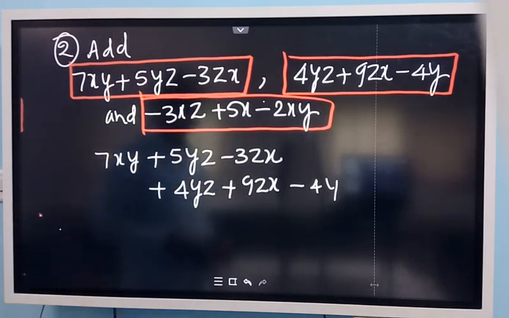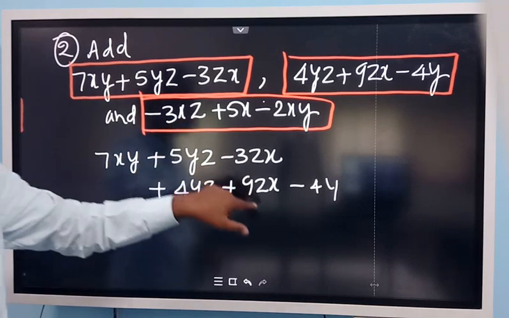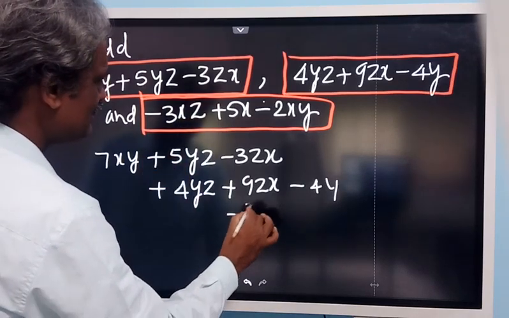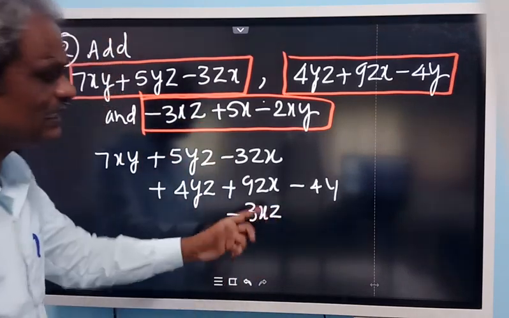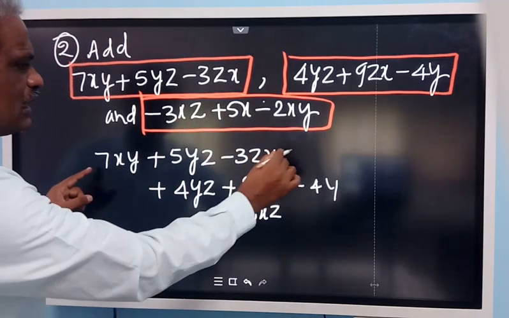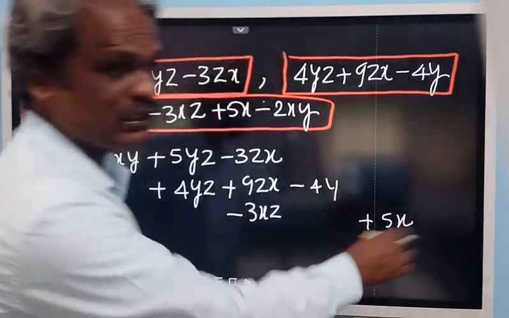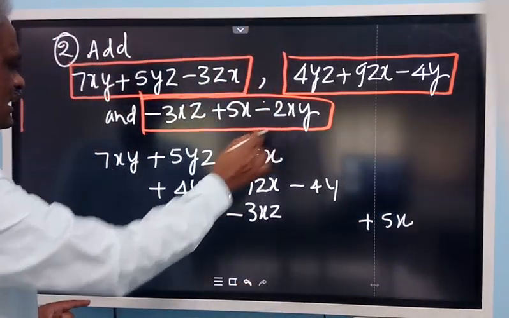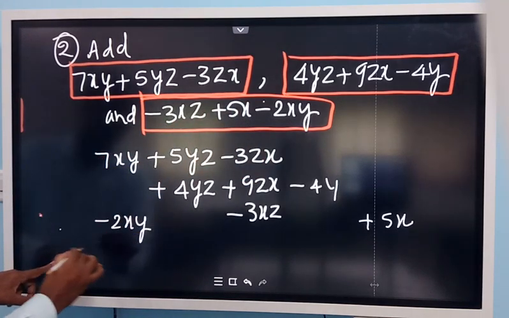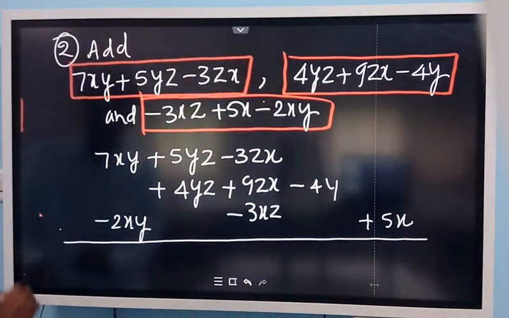Then come to the third expression, minus 3xz. xz and zx are both the same, so you write this minus 3xz below. Then 5x, you don't have any 5x here, so write plus 5x separately at the end. Then minus 2xy, you can find 2xy here in the first one. So you have to add all these numbers. Let us see what you will get. So addition.